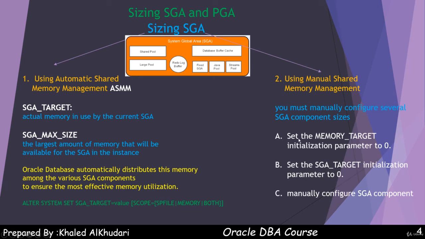First, the DBA should set a parameter called MEMORY_TARGET to 0, and also set another parameter called SGA_TARGET to 0. Then he will manually configure the SGA components. So he will put a size for the shared pool, the large pool, the redo log buffer, and so on. So I think the first method is more common and simpler. Let Oracle do all this job, right?